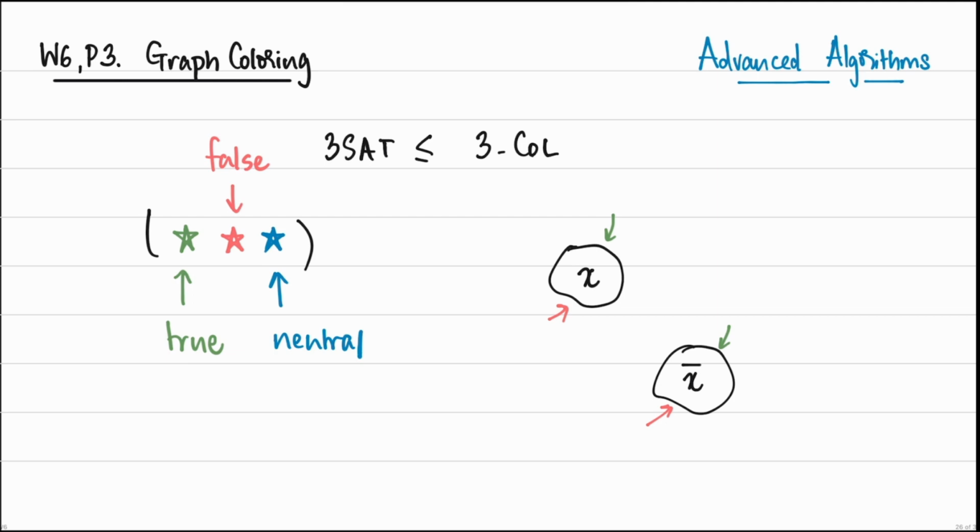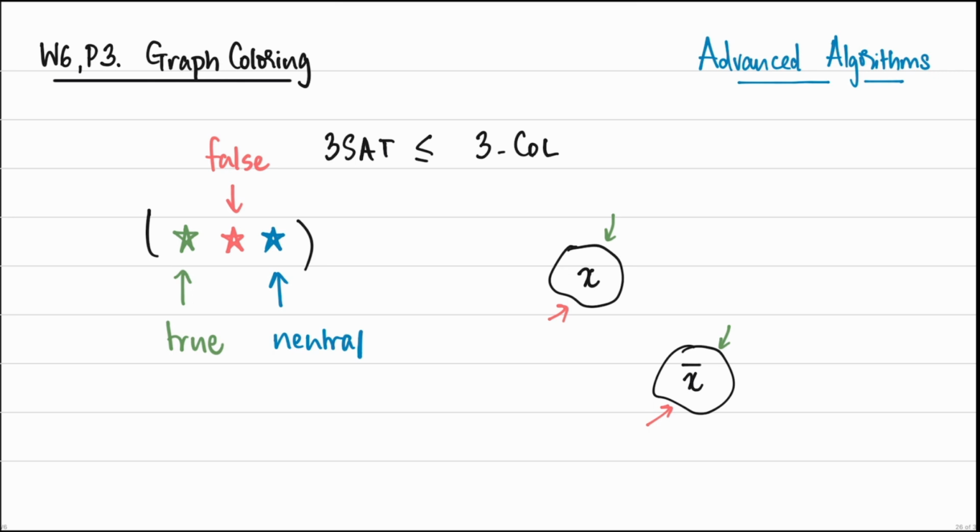If both x and x bar are colored green, that means we are saying, well, set x to true and set x bar to true as well. And that would not make much sense. And that would be the same if we color both of them red, that would imply that we want to set both of them to false, which is equally nonsensical. So we want to avoid these combinations by introducing the appropriate edges, right?